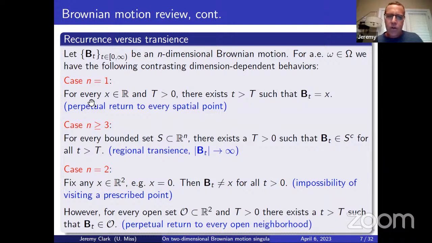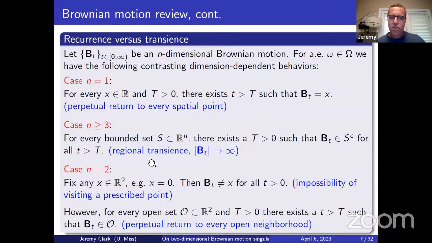Now let's compare this to dimension 3, which is quite different. If you fix any bounded set, say an open ball with a very large radius, then there exists some time after which the Brownian motion is in the complement of that set, meaning that it's outside, and it will never return.